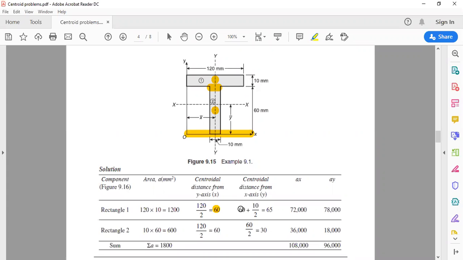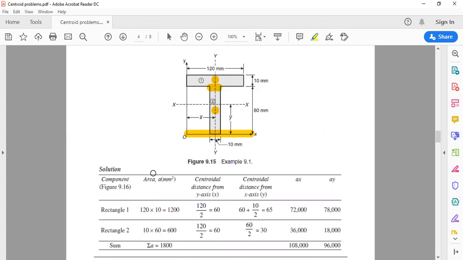So it is 60 plus 10 by 2, which gives me 65. So your y bar is 65.